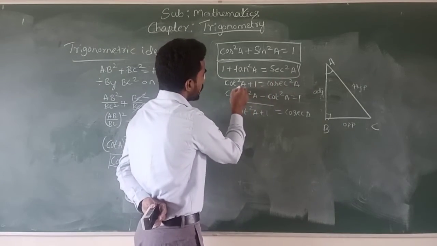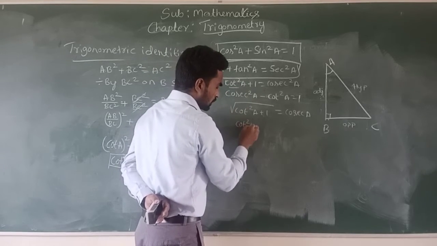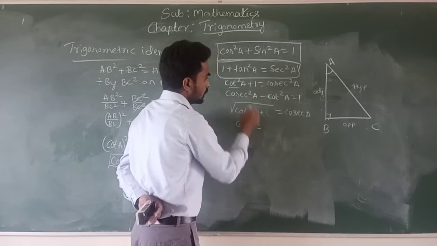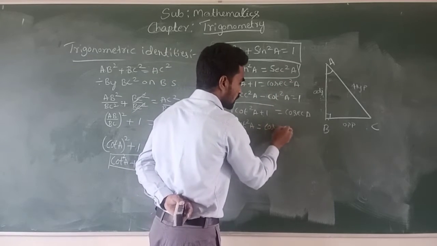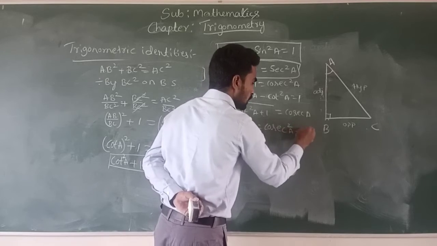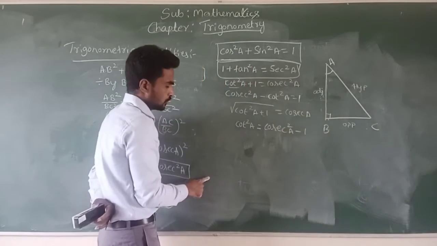Next, for cot A, write cot A as it is. Take this 1 to the right side, that becomes minus 1. Then cot square A is equal to cosecant square A minus 1.